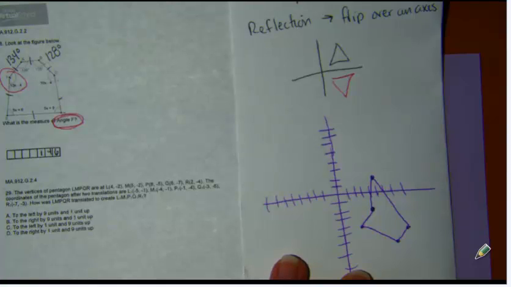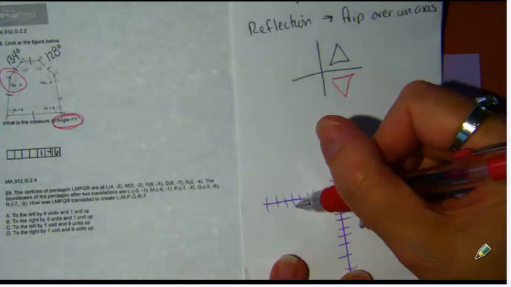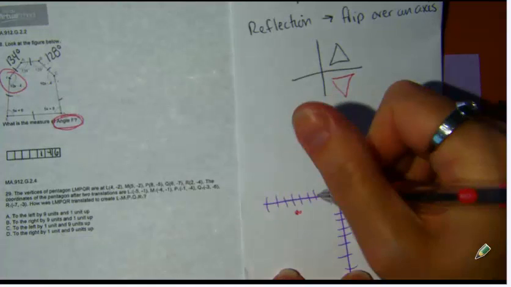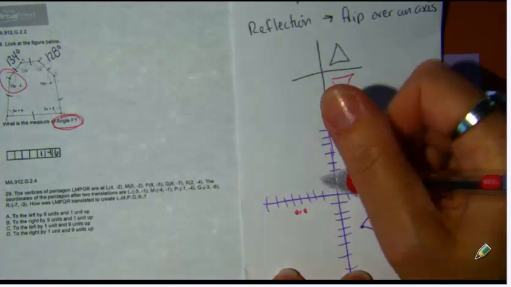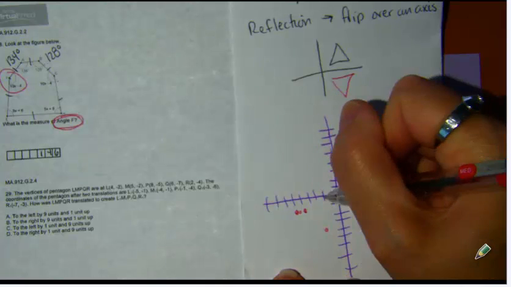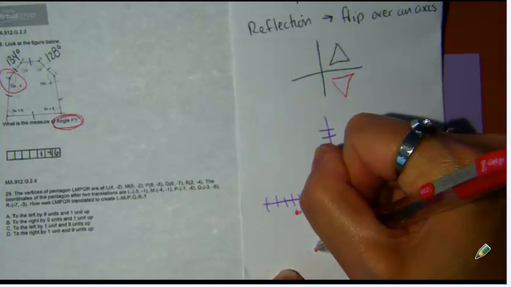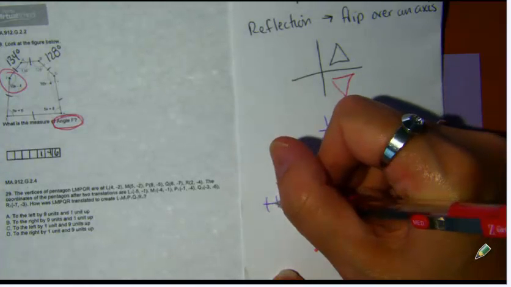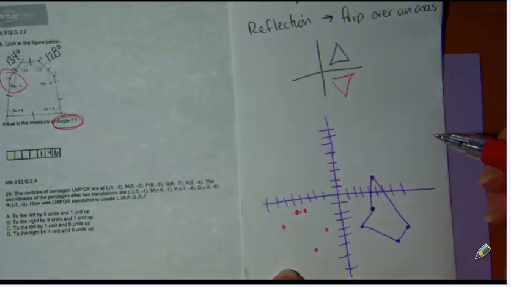So now the new one is at -5, 1, -5, -1, -4, -1, -1, -4, -3, -6, and then -7, -3.